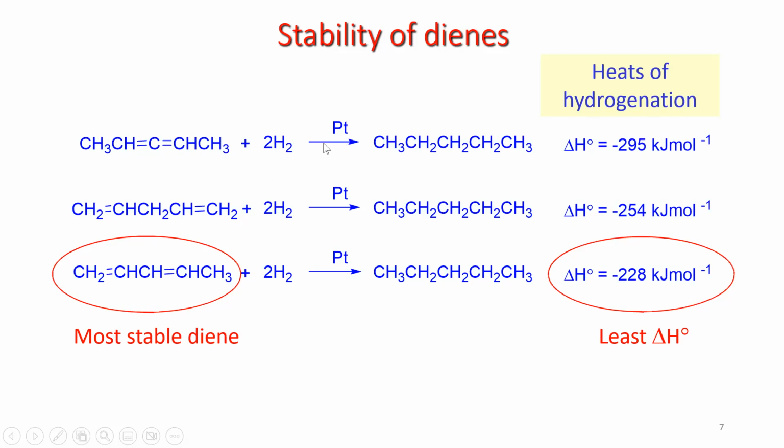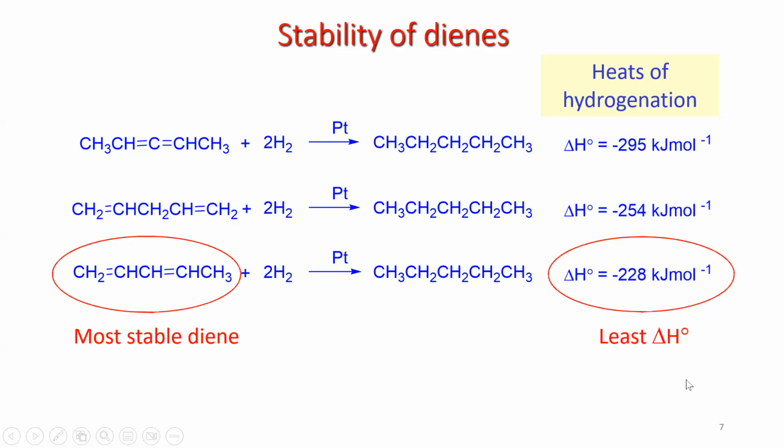For your level 3, you have studied that it can be done in the presence of a catalyst like platinum, nickel, or palladium. When that hydrogenation is taking place, the heat of hydrogenation is the amount of energy released when the total reaction takes place.